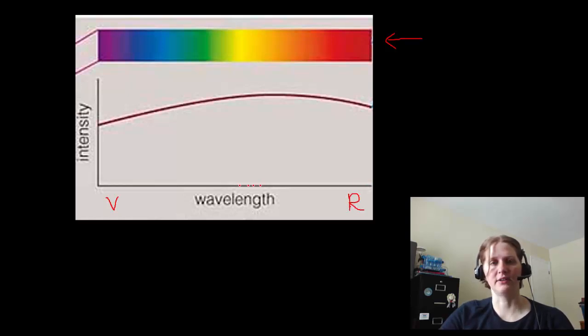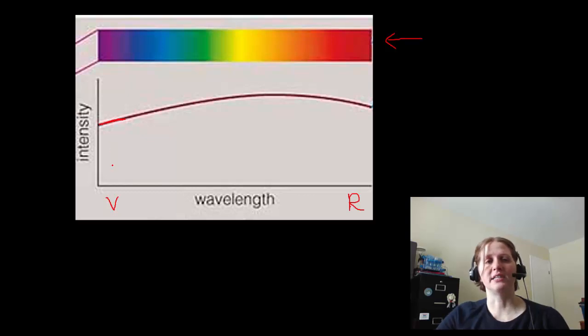The horizontal axis is just the color or the energy of the light that you're talking about, and then how high it is tells you whether or not there's light at that color. So there is violet, so this is going to be up here a bit. There is red, so this curve is going to be up here. And according to this graph, it's brightest in about the orange.